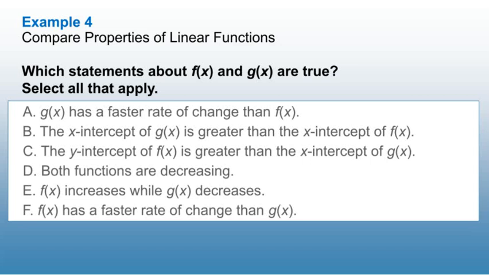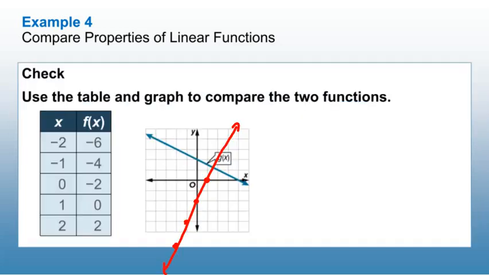It says which statements about f of x and g of x are true? Select all that apply. The letter A says g of x has a faster rate of change than f of x. So if we go back, f of x, we would say this is going up 2 over 1, so this one has a slope of 2.